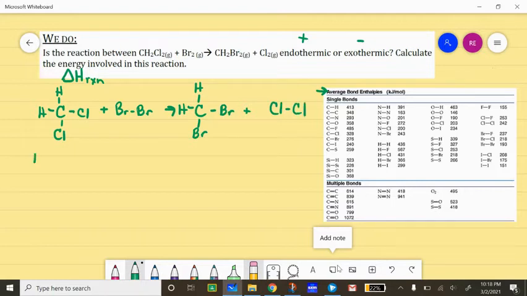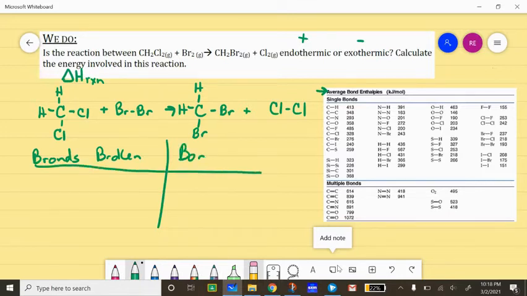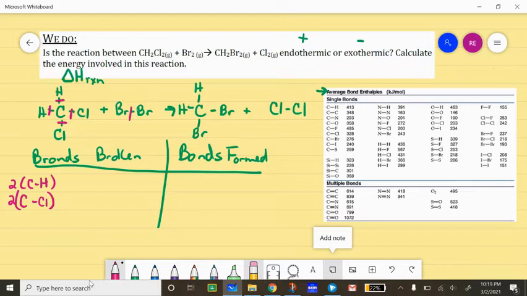So let's go ahead and set up and compare bonds broken to bonds formed. Okay, so let's change colors here. On the reactant side, we've got two carbon-hydrogen bonds, two carbon-chlorine bonds, and one bromine single bonded to a bromine.